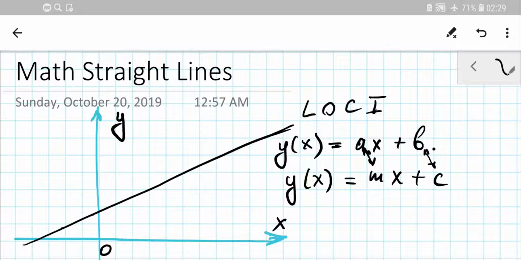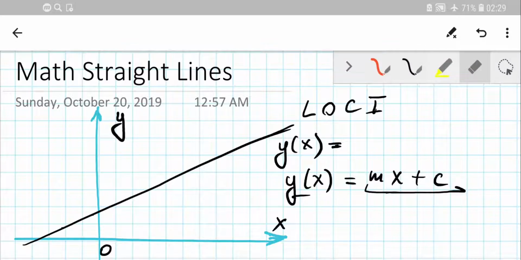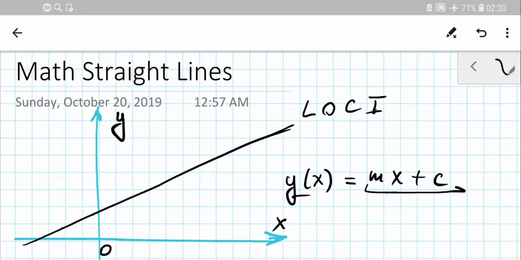A general equation defines a linear dependency of y on x. That's why you have a straight line, not a curve. For our purposes, we'll use the bottom one as the reference equation for the straight line.